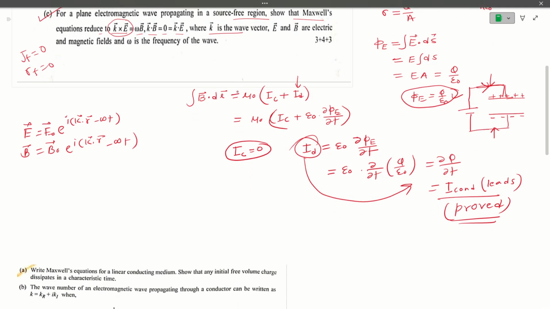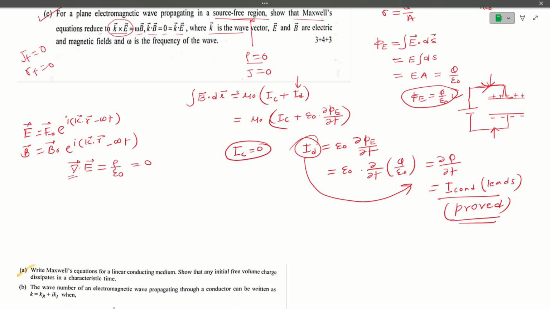From the first Maxwell's law, divergence E equals rho by epsilon naught. Since the wave is propagating through a source free region, rho will be 0, also J will be 0. So divergence E will be 0.